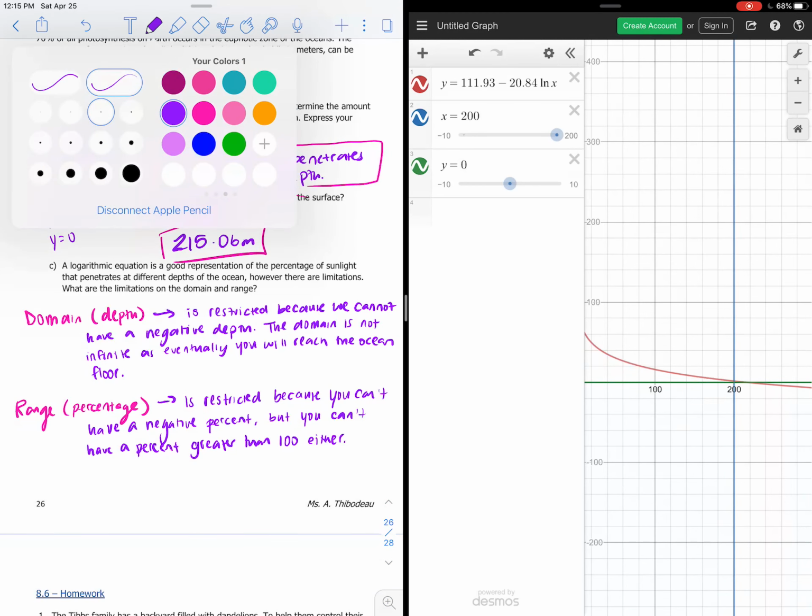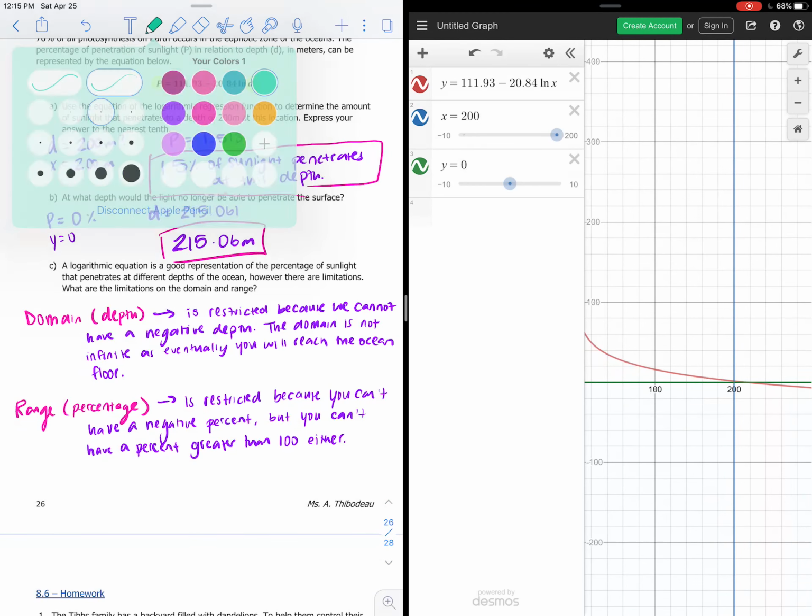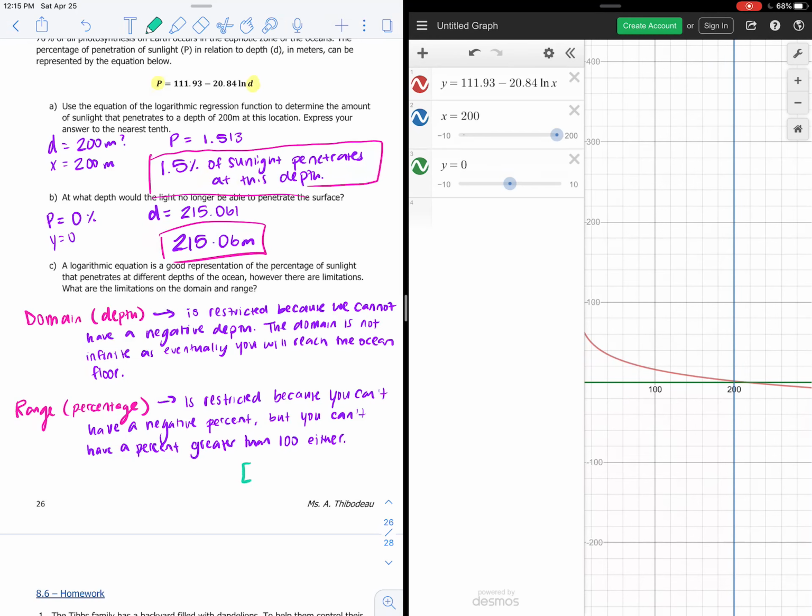Right, so our range is pretty set in stone. It has to be from 0 to 100. There is no ifs, ands, or buts, right? You can't have a negative percent, so the smallest percent you could have is 0, and the largest percent you could have is 100. With that being said, because there are definite restraints on our range, our domain has to follow suit.